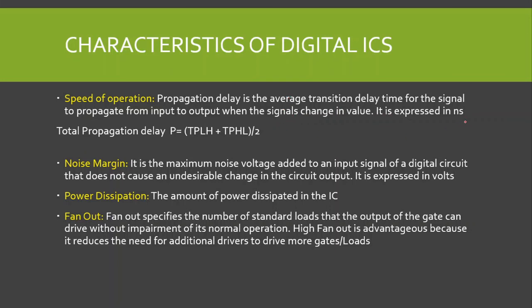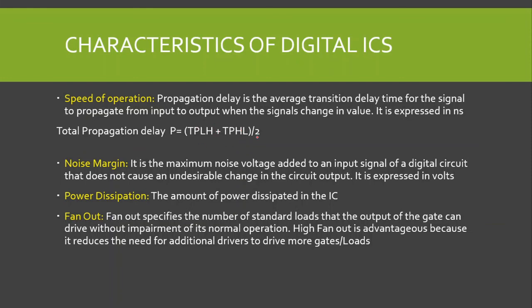It is expressed in nanoseconds, and actually this total propagation delay is dependent on two delays, which are the TPLH and the TPHL. This TPLH is the delay when the output switches from low to high, and this TPHL is the delay when the output switches from high to low. So this total propagation delay is the average of these two delays.